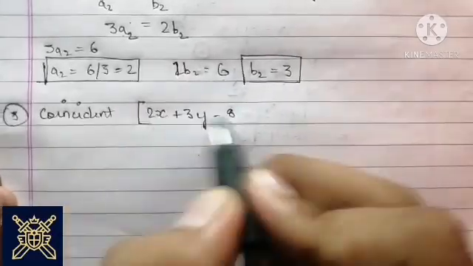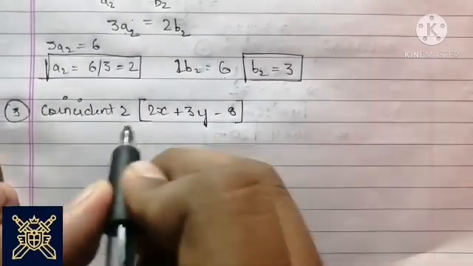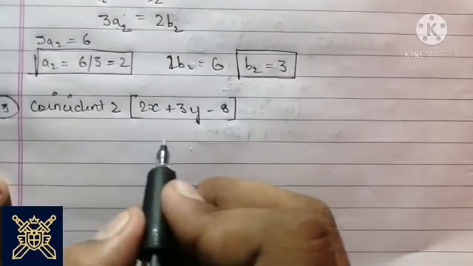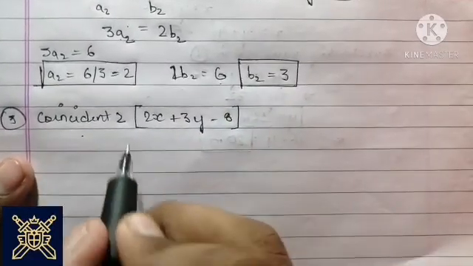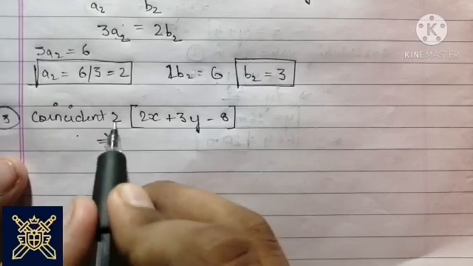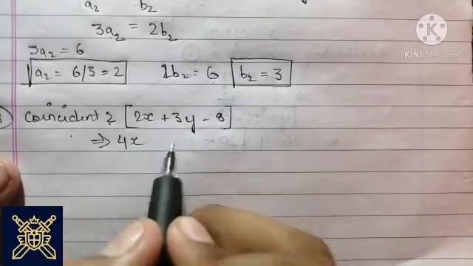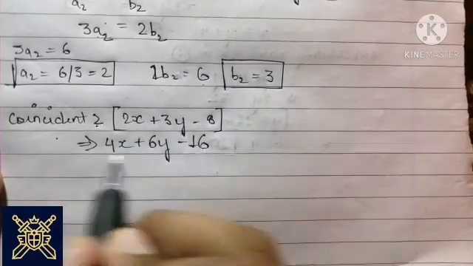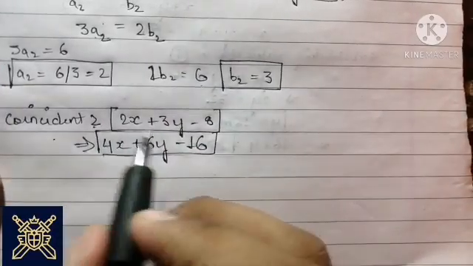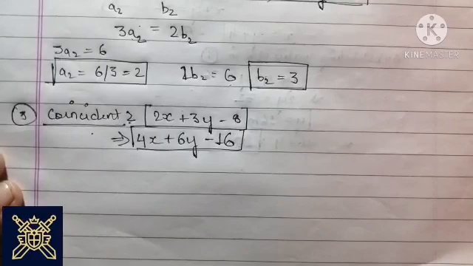If you multiply the whole equation by 2, 3, or any number that you want, you will get another equation that will be coincident to this one. So let's multiply it by 2. 2 2s are 4x plus 2 3s are 6y minus 16. And this equation will be coincident to the given equation.